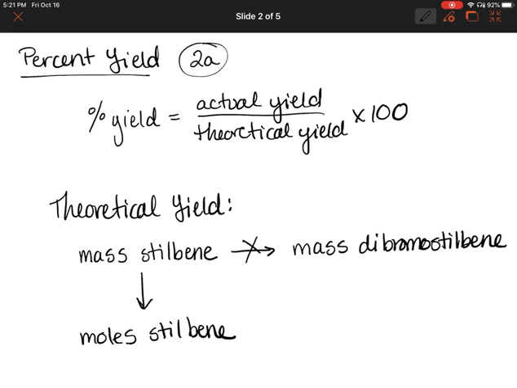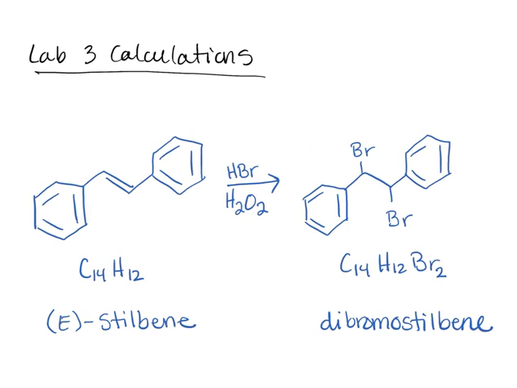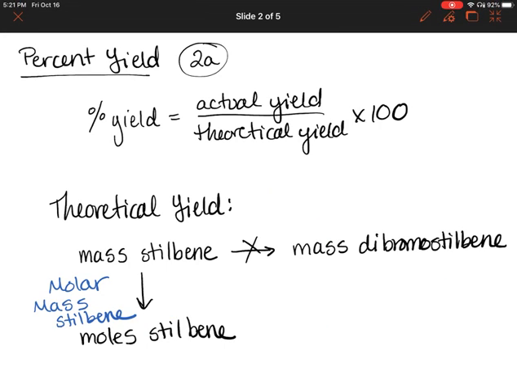So we'll convert the mass of stilbene that we start with to moles of stilbene. And how do we convert from mass to moles? Molar mass. So you're going to calculate the molar mass of stilbene using the molecular formula C14H12. Once we have the moles of stilbene, then we can convert that to moles of dibromostilbene.